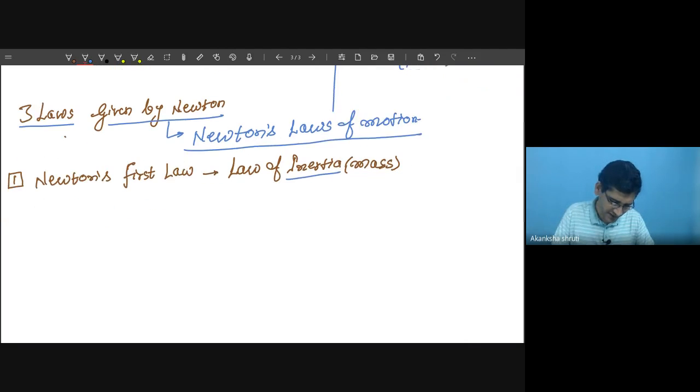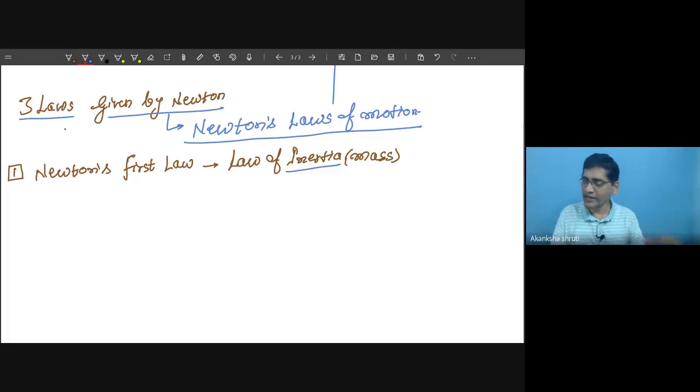This first law tells that if the body is at rest, it will try to remain at rest unless or until it is applied by external force. Like you are observing that your football is lying anywhere in your playground. Say in the morning you have observed. Unless or until someone has kicked it, the position of the football will not change. It will always remain there.